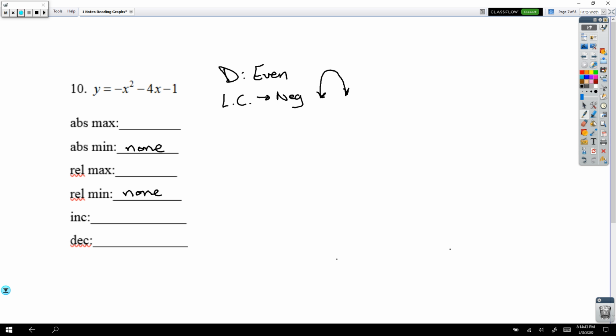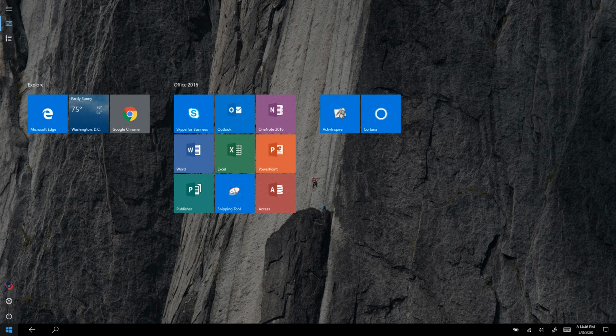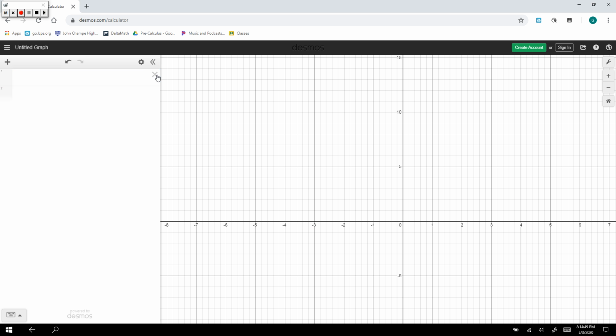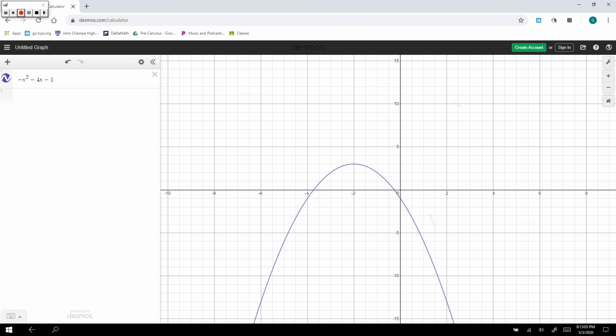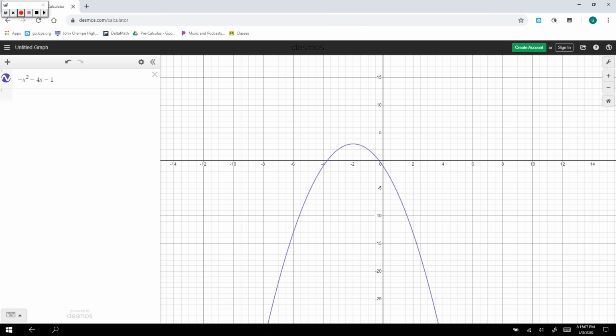So now we're going to use Desmos to figure out where that absolute max is. So let's erase that one. We have negative x squared minus 4x minus 1. Change my graph up a little bit so I can see.